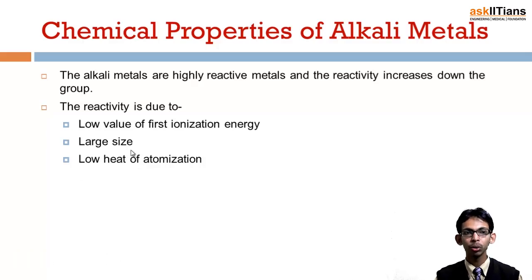If we want to break this N2 molecule into nitrogen atoms, the amount of energy required would be the energy of atomization or heat of atomization. So alkali metals are highly reactive, and the reactivity is due to low value of first ionization enthalpy, which is because of large size, and which is due to low heat of atomization.